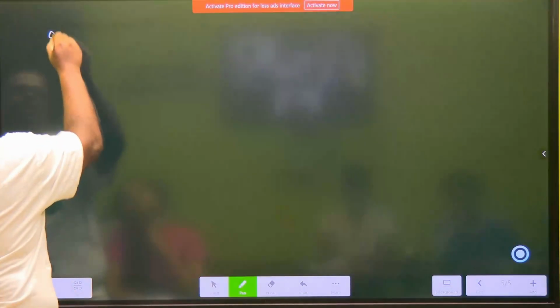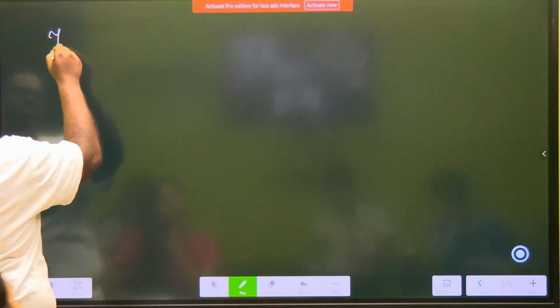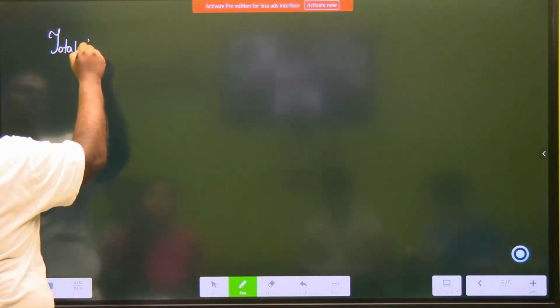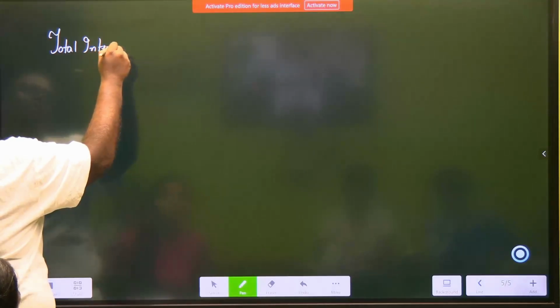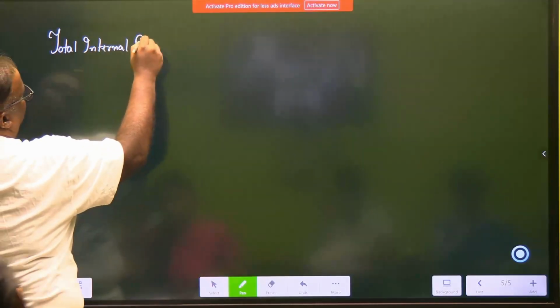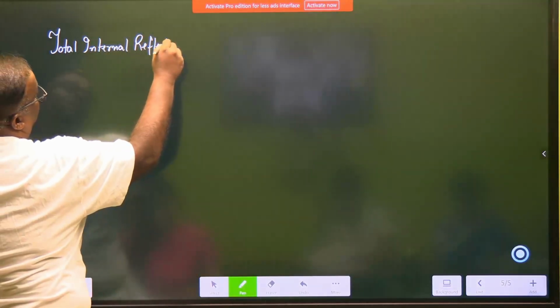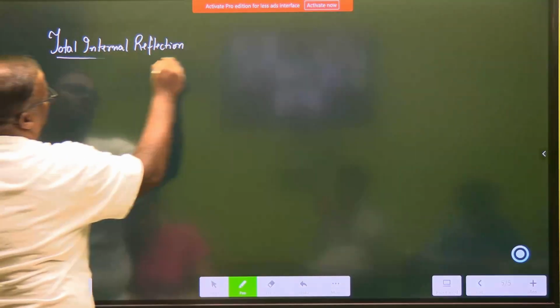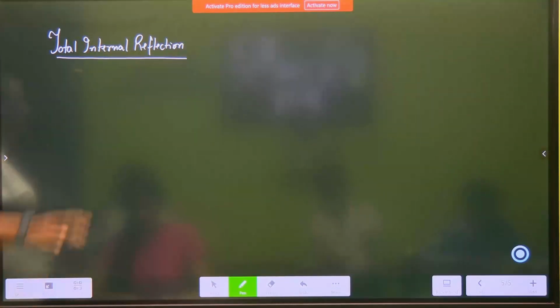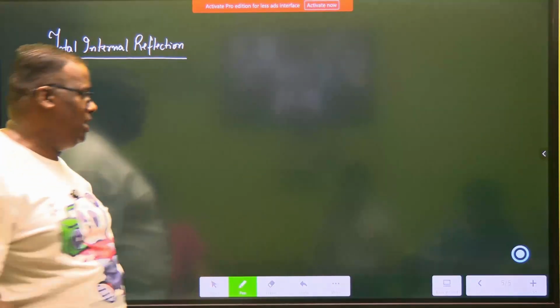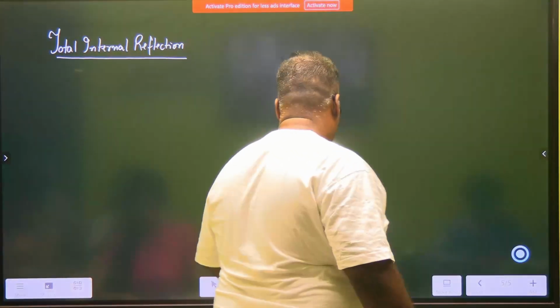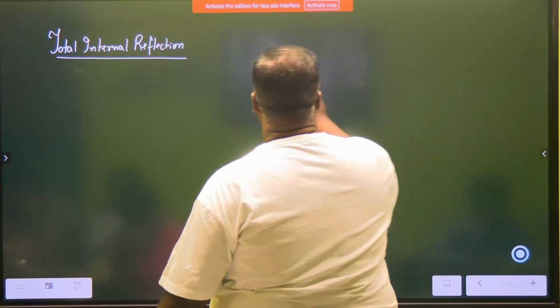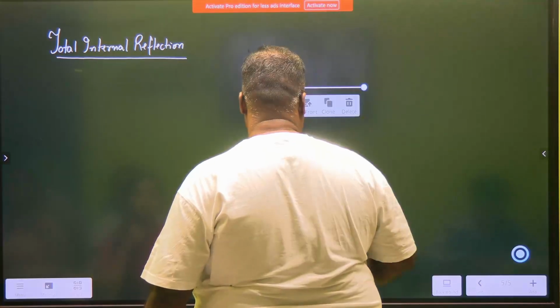Earlier it used to be there, but in Cambridge and ICSE it's all there. It's called total internal reflection. Mind you, it is nothing to do with refraction. Okay, so let us see some scenarios.